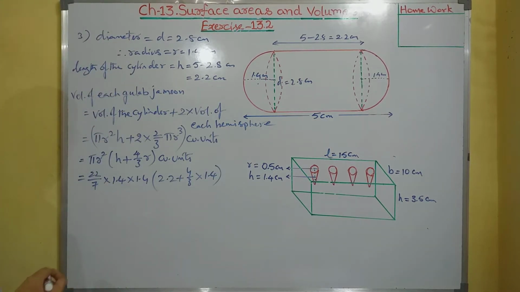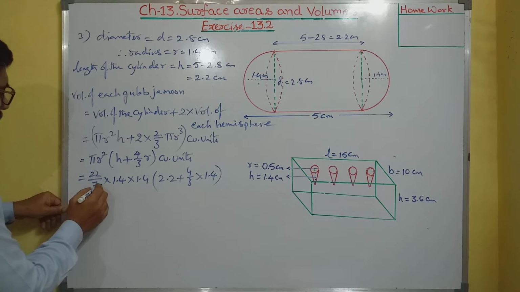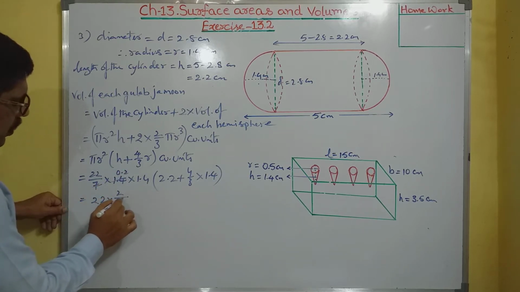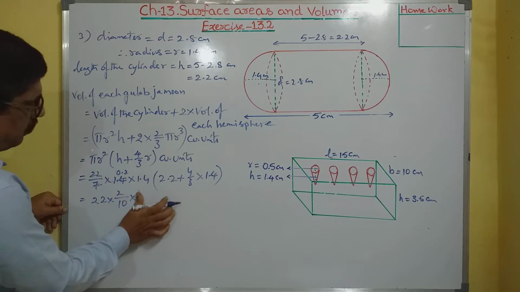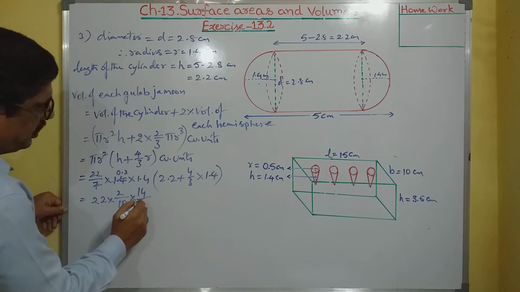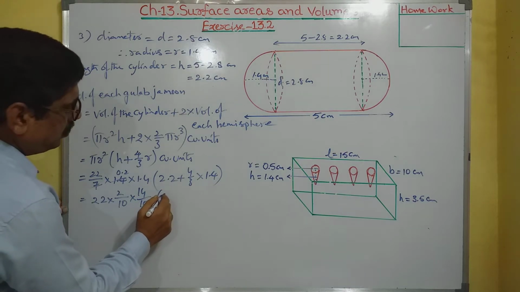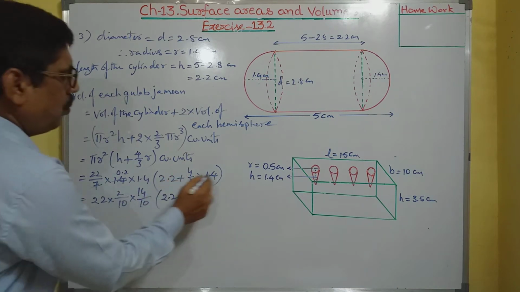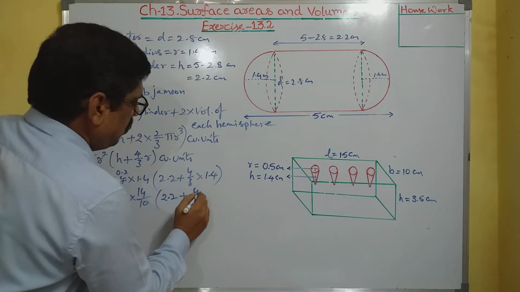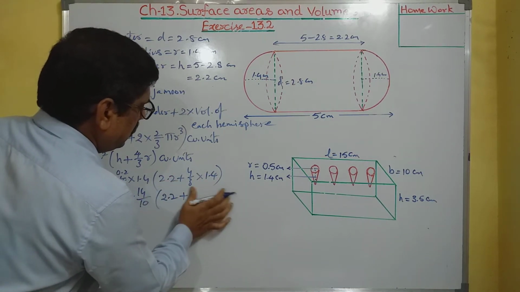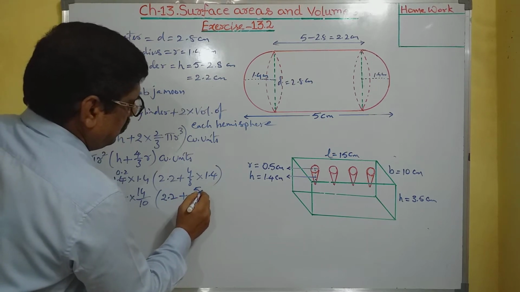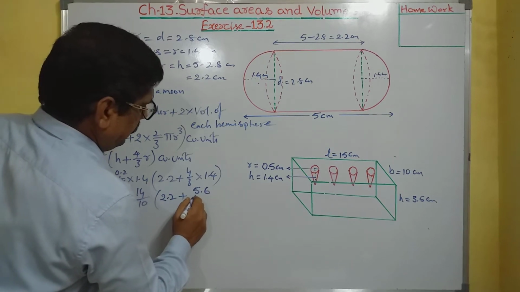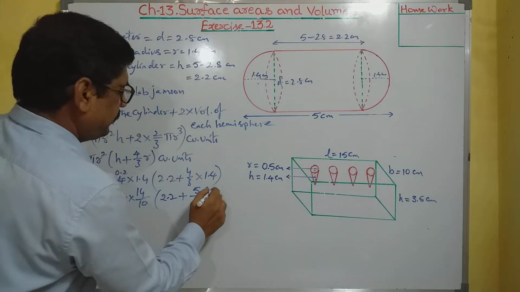Now 7 0.2s. So 22 into 0.2 is 2 by 10, into 1.4 is 14 by 10, into 2.2 plus 4 into 1.4, that is 5.6, by 3.